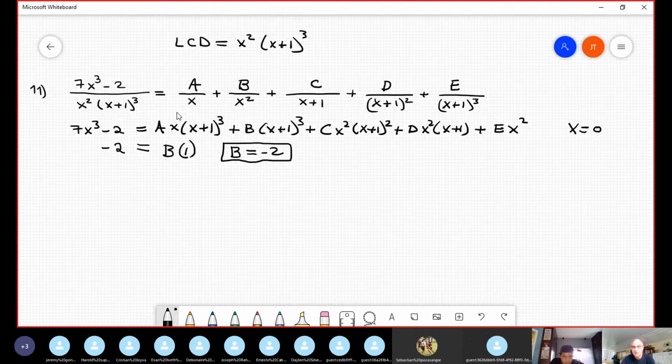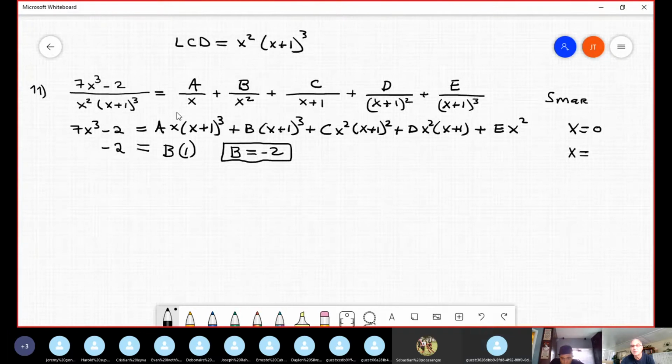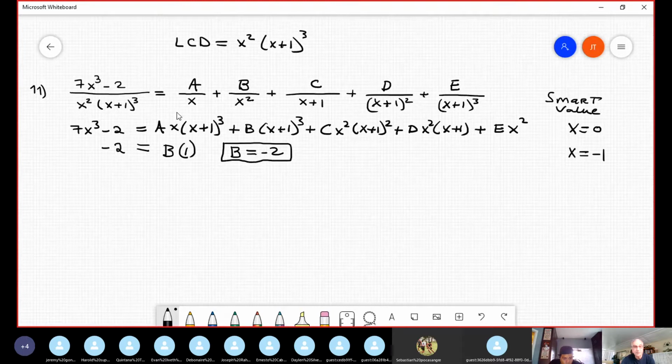We have another smart value or no? This is a smart value. Negative 1, very well. When you plug in negative 1, you have 7 times negative 1 cubed minus 2 equals something.